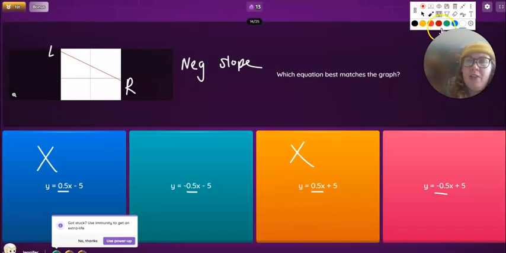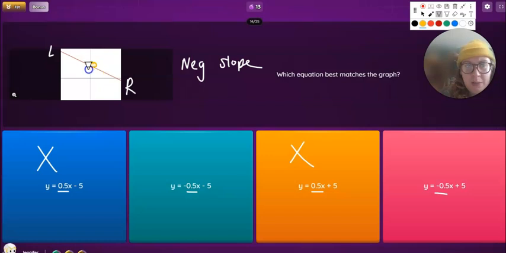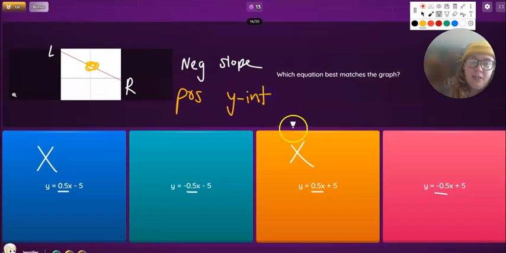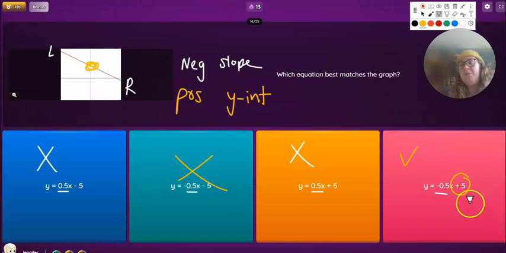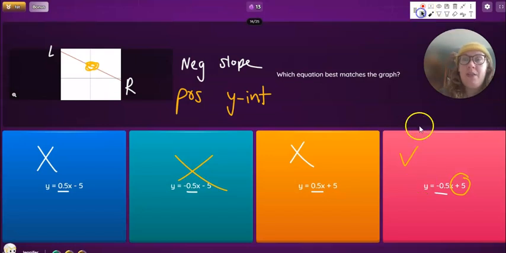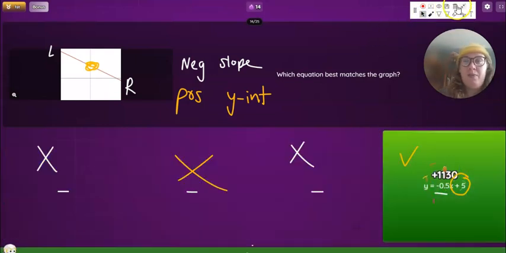Now, where is our y-intercept? Well, it's above 0 up here, so it's going to be a positive number. That's our y-intercept, which means it's going to be added. So we see that right here in that last option. Negative slope, positive y-intercept. Beautiful.